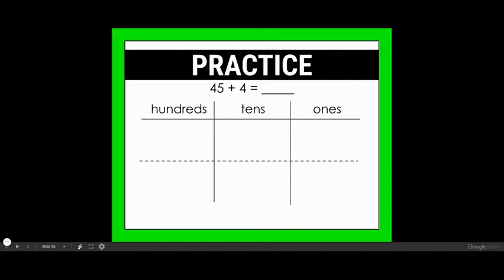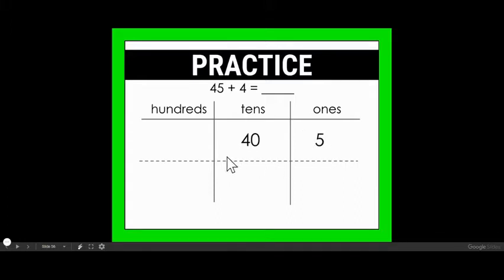No, there aren't, because today we are just focusing on two-digit numbers. So then I'm going to look in the tens place, and this number does have tens. The number 45 has 4 tens. So I know this 4 has a value of 40, so I'm going to put that in my tens. And then 45 has 5 ones, so I'm going to put that in my ones.